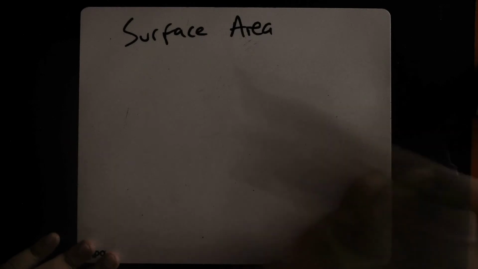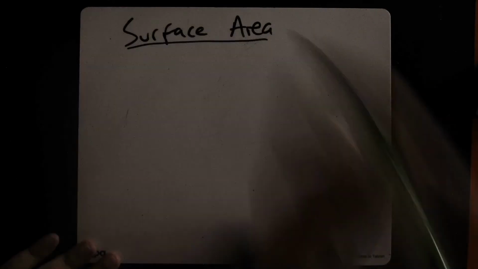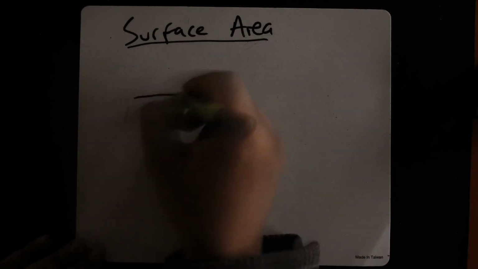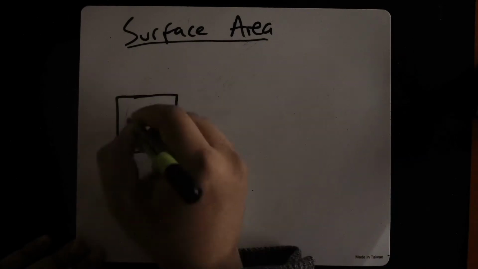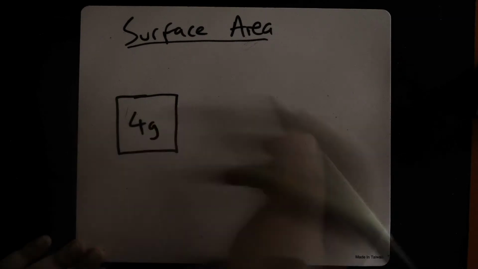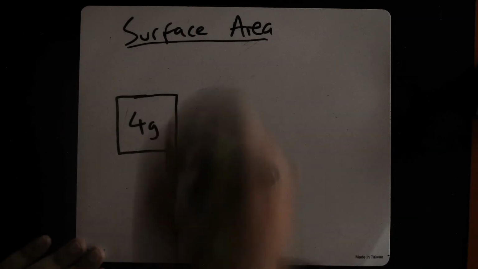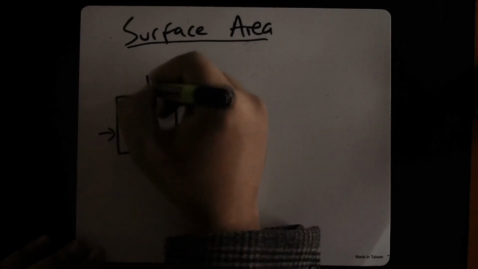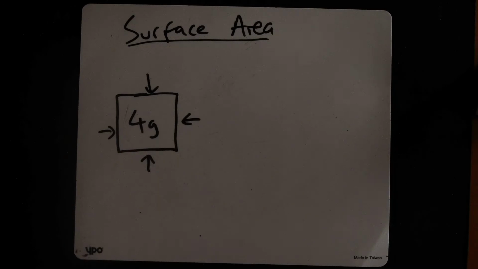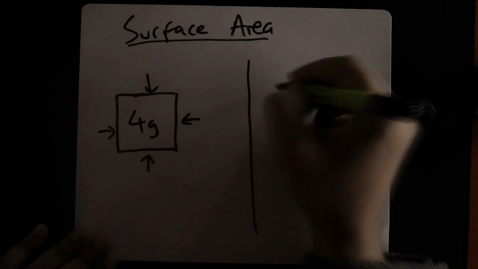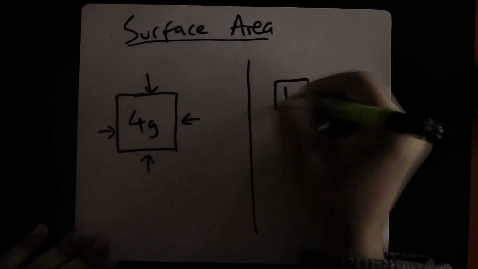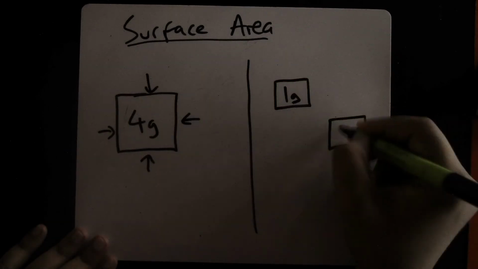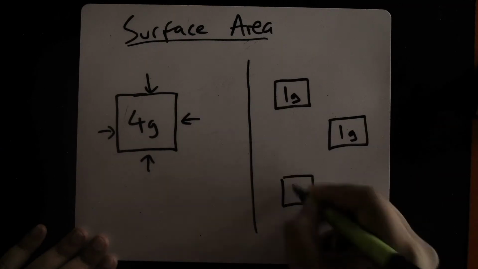Collisions happen on surfaces. So if we had more surfaces available, we would have faster reactions. So I always use this diagram to help me remember this. Let's say we got a 4 gram cube. Let's pretend this is a cube. If we look at the number of surfaces available for collision, they're very limited. But if we crush this substance into smaller pieces, still weighing the same mass, look what happens.